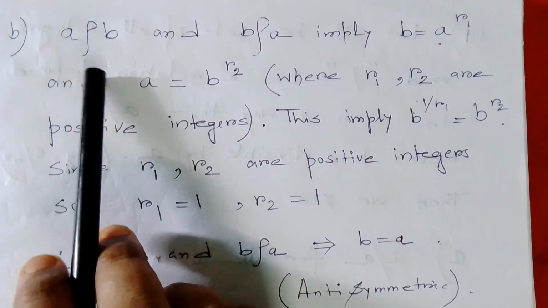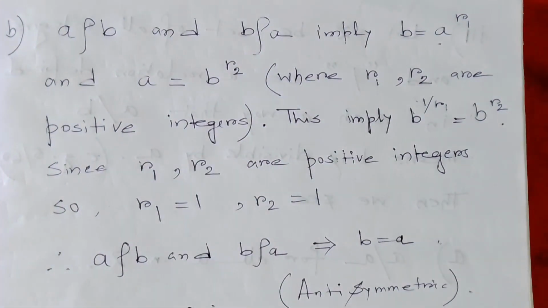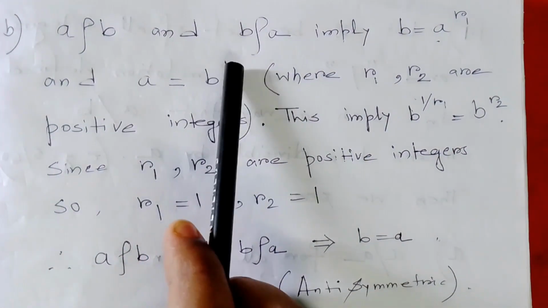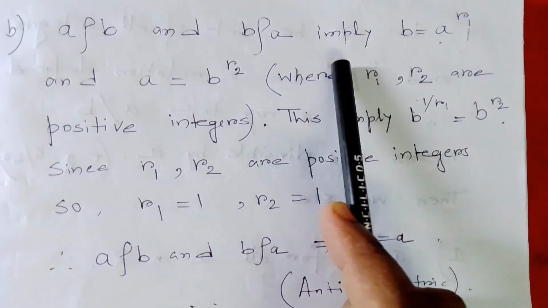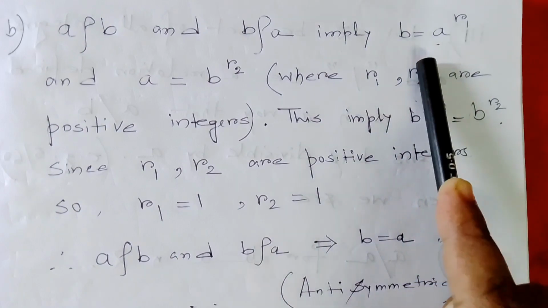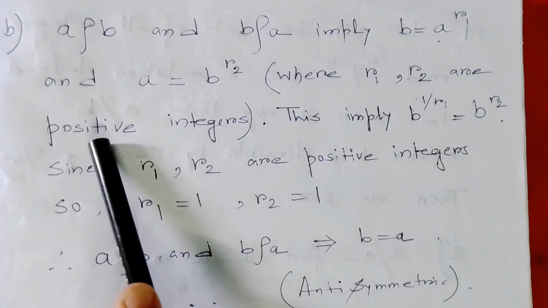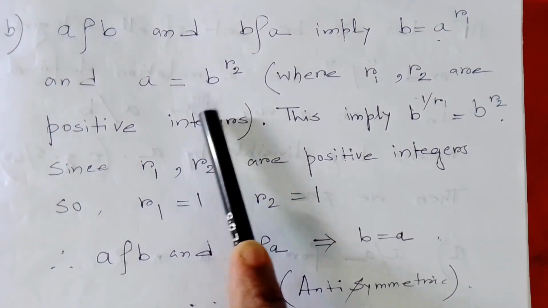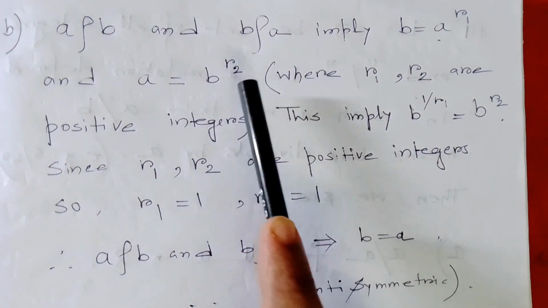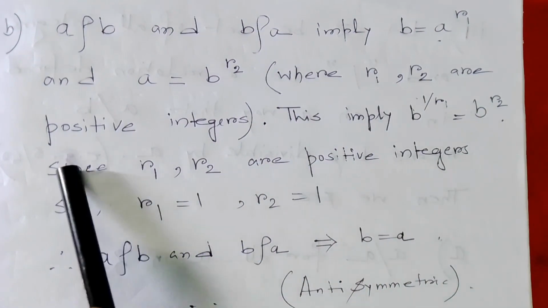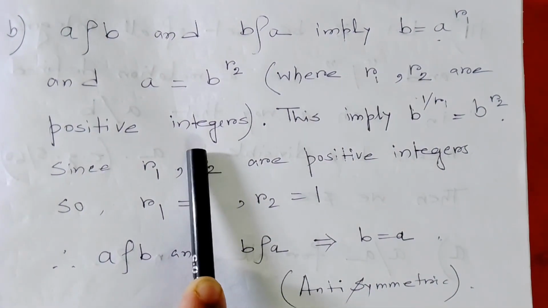And now the second property to be a POSET, that is, A rho B and B rho A imply B is equal to A to the power R1 and A is equal to B to the power R2, where R1, R2 are positive integers.